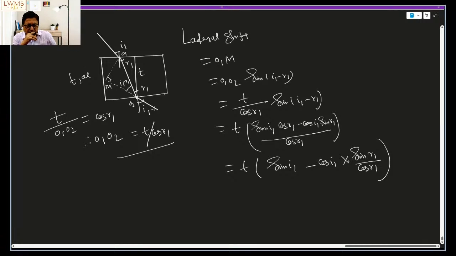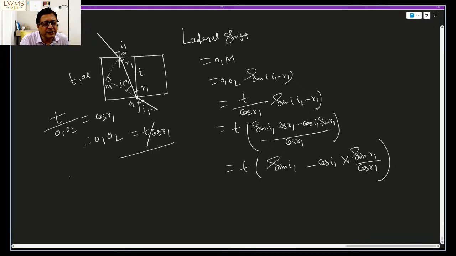So we got the lateral shift, which is given by O1M. The value of O1M is O1 O2 sin I1 minus R1. Sin A minus B we expand, it is sin I1 cos R1 minus cos I1 sin R1, divided by cos R1. Now separate, then cos R1 gets cancelled like this.